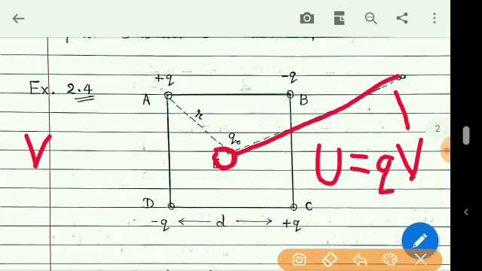So first we will find the potential V at this point E, which is at the center of the square, and then we will simply multiply this charge q naught with the potential, and we will get the potential energy or work done.